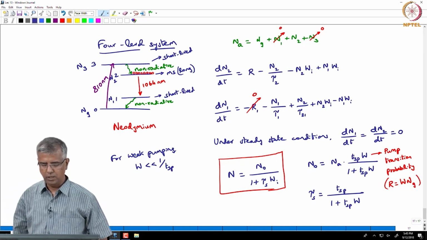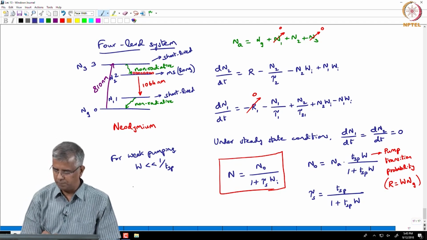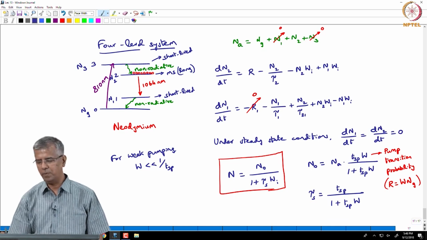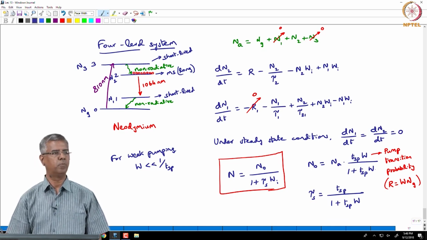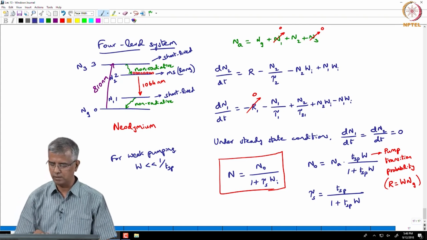Okay. If you consider that case, then in the denominator 1 plus TSPW will become 1, right, under this assumption.